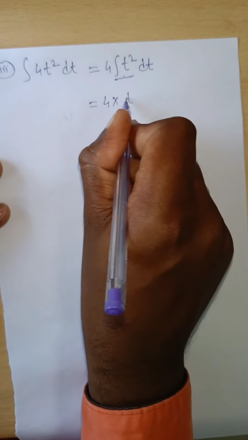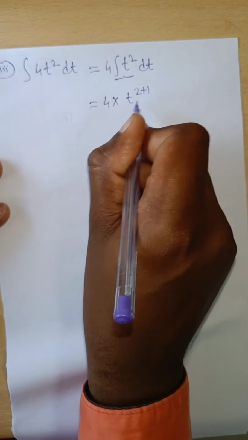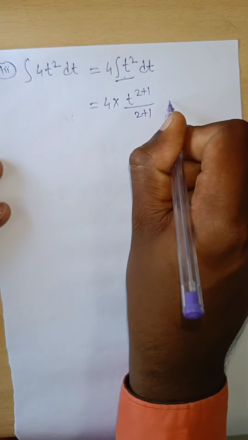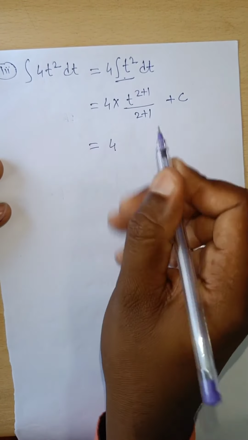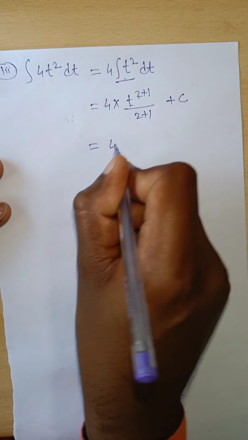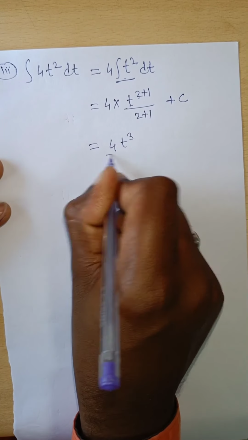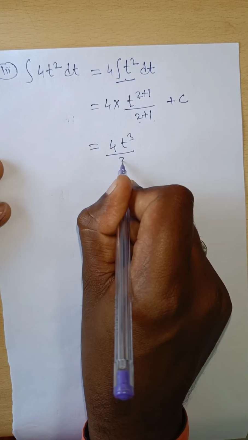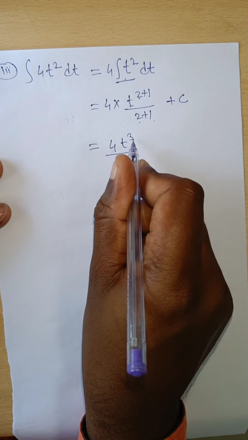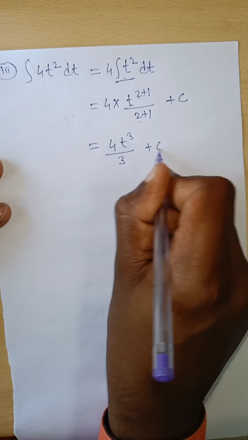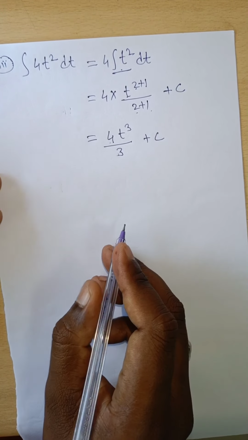It is t to the power of 2 plus 1 divided by 2 plus 1 plus some constant c. Then this is 4 into t to the power of 3 divided by 3 plus some constant c.